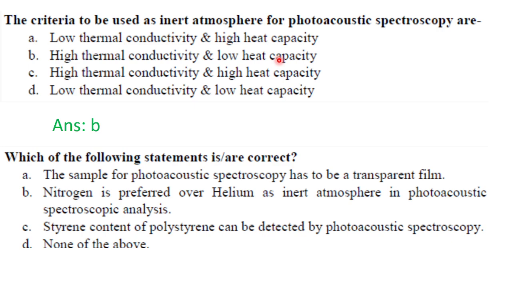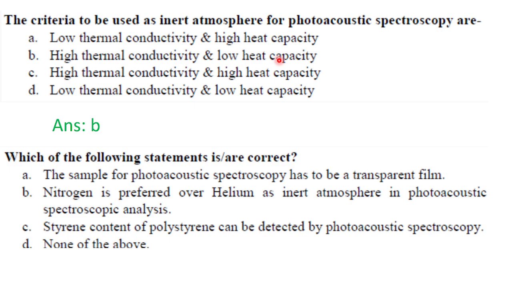Unless it is highly conductive, the heat cannot pass through. That's why helium has very high thermal conductivity and very low heat capacity. Very low heat capacity means it is not absorbing the heat, it is passing the heat through. That's why we go for helium rather than nitrogen.